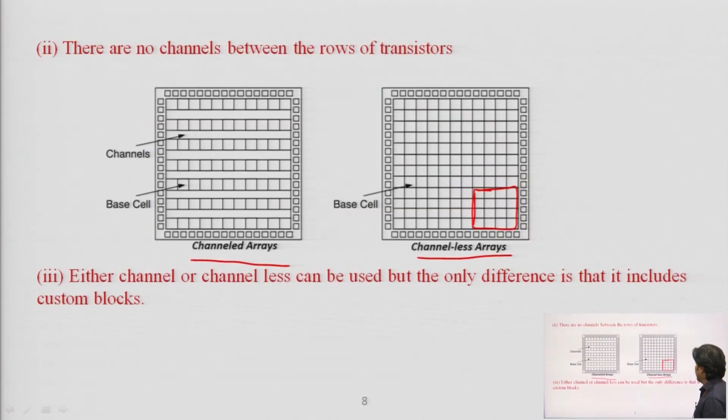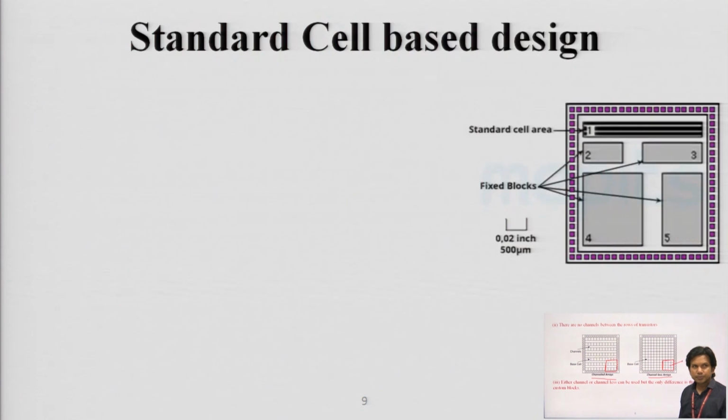It can be customized based on the requirement. Apart from the channel, we have a customized block here. Clear? That is called structured, so that you can change the structure.